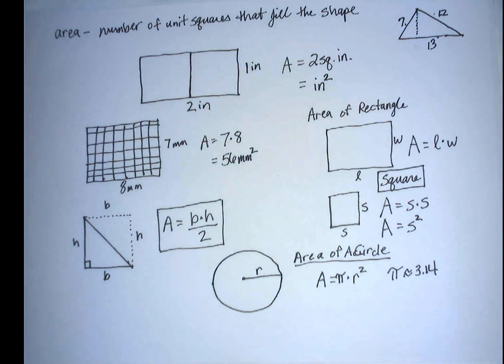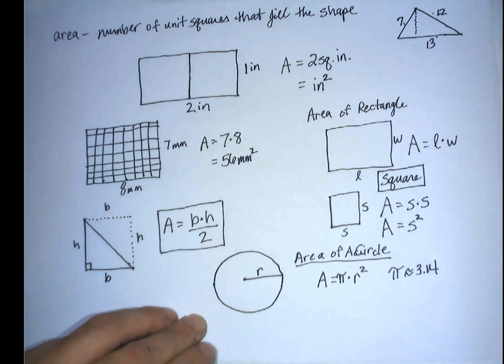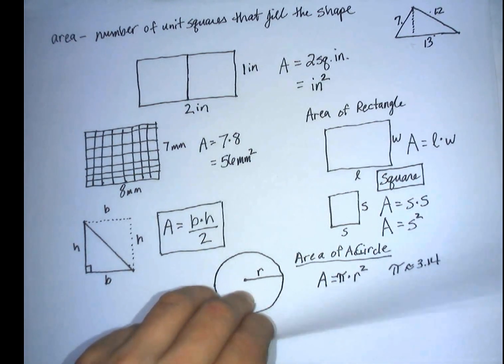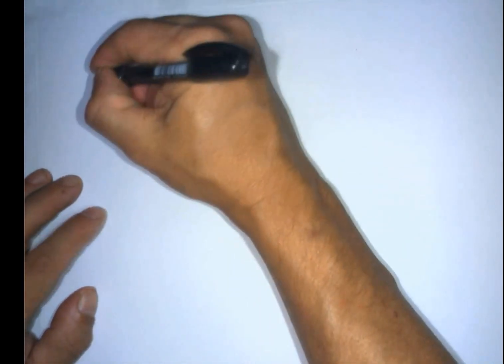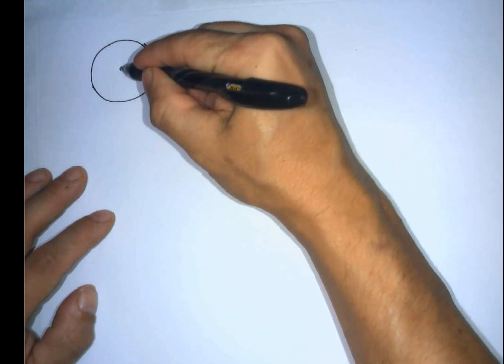So if I said find the area of a circle with radius 8. Okay. So we have a circle, and pretend this is a nice, beautiful, perfect circle. And the radius is 8 feet.